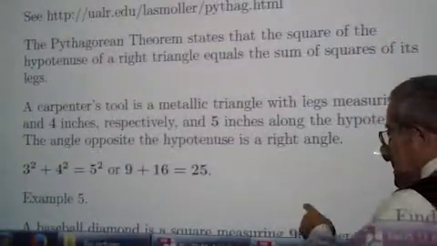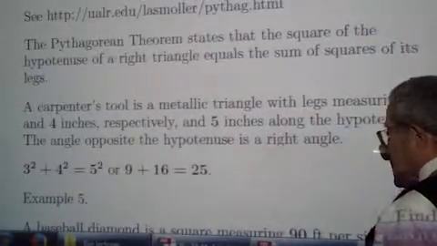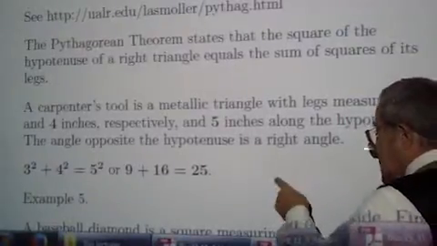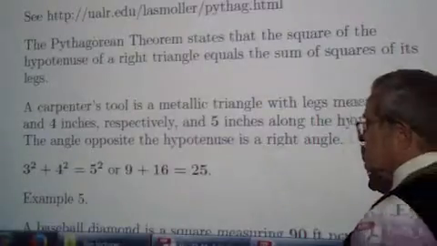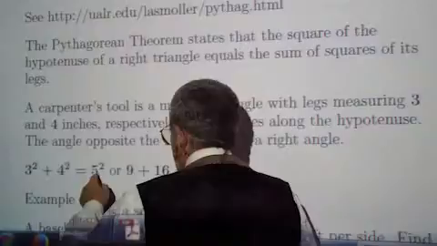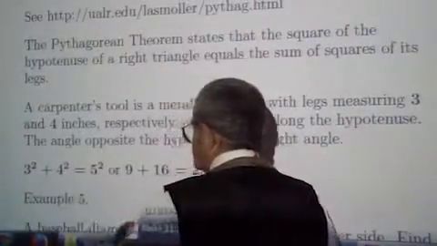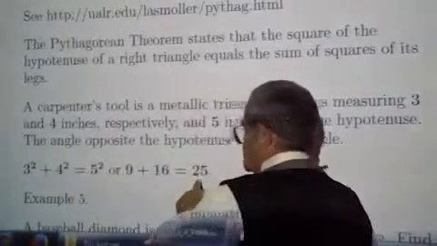The two legs are the shorter sides of the right triangle, and the hypotenuse is the longer side. The sum of the squares of the legs is equal to the square of the hypotenuse. A triangle with legs 3 and 4 and hypotenuse 5 is such that 3 squared plus 4 squared is 5 squared. 9 plus 16 is 25, and 5 squared is also 25.